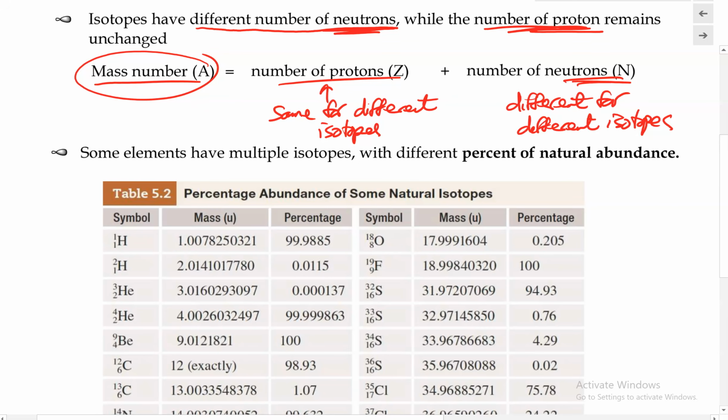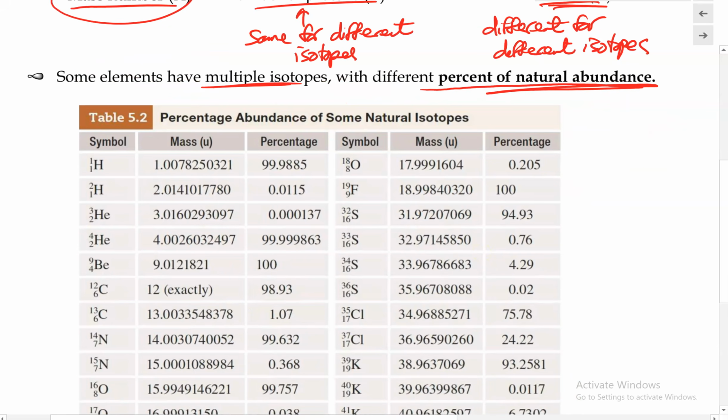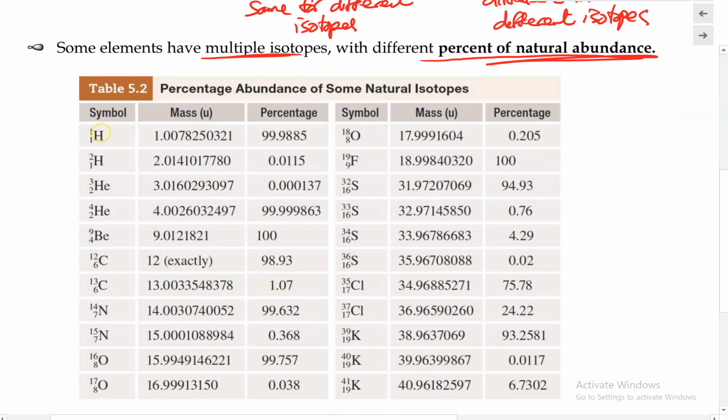So some elements exist in several versions that we call isotopes, with different percentages of natural abundance. This basically means that they do not all exist equally. For example, hydrogen has two different types of isotopes. We can have hydrogen with a mass equal to 1 and hydrogen with a mass equal to 2.